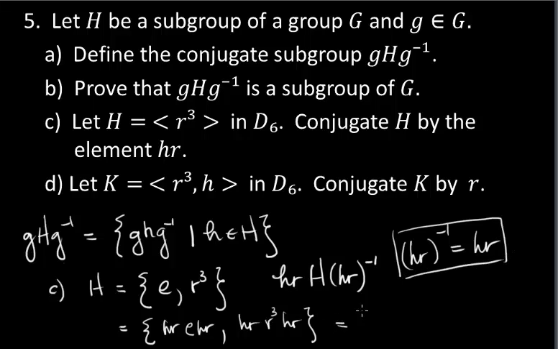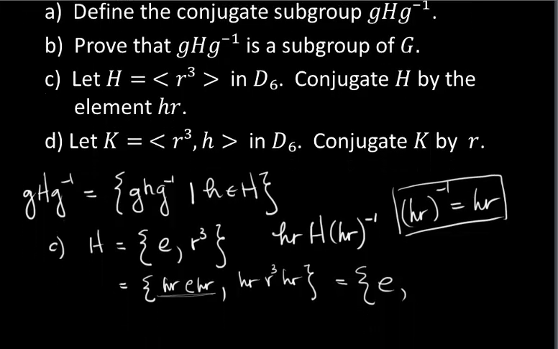And if you calculate this, of course, there's no need to ever conjugate E by something because it's just going to be GEG inverse, which is E. So you'll always just get E back there. But here we have to calculate a little bit. So this is HR to the 4th, HR.